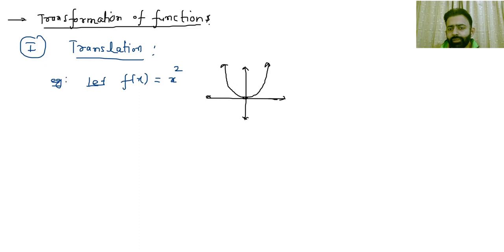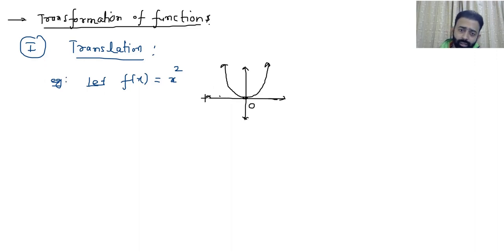This point is 0. If you put x equal to 0, you get y, the value of the function, as 0. If I put x equal to 1, the function is 1. If I put x equal to 2, the function is 4. If I put x equal to 4, the function is 16, and so on.